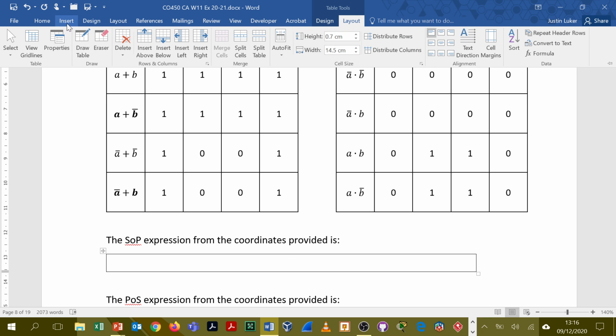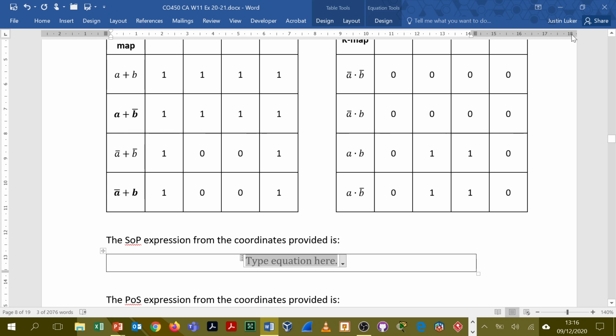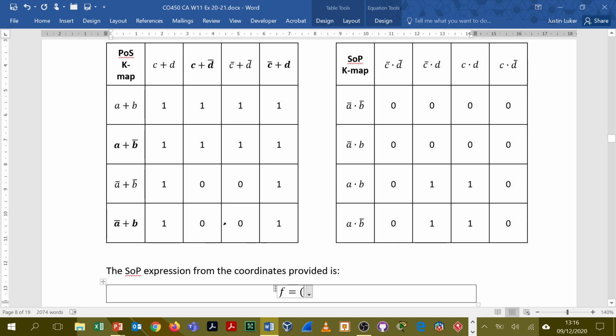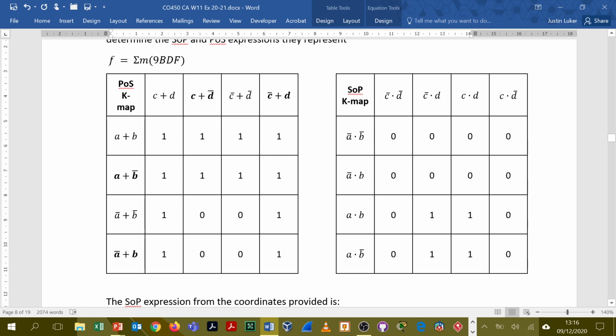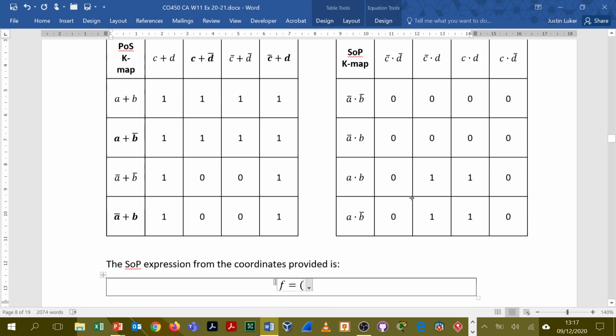So let's insert an equation. What have we got? F equals open brackets. Our first min term, it doesn't matter which way we put the min terms in, by the way, but I'll do them in the same order that we had. So we have 9. We're doing the SOP one first.